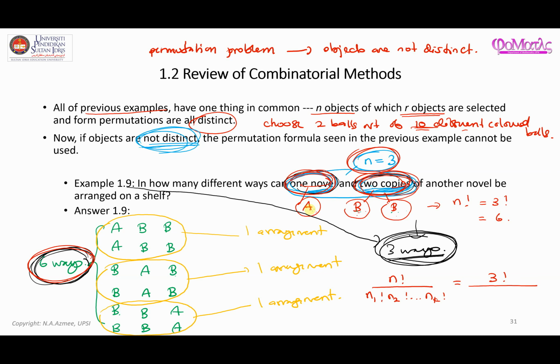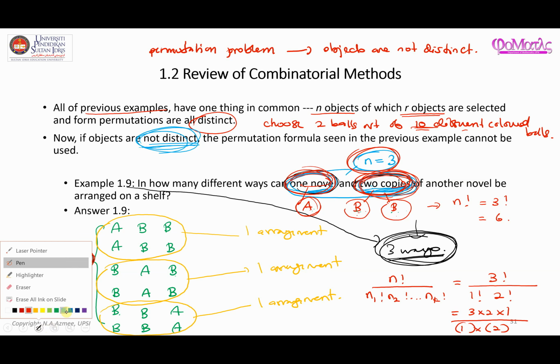So here the number of copies is 1, so 1 factorial, and the number of copies for category B is 2 factorial. So here we've got 3 times 2 times 1 over 1 times 2. Okay, 2 factorial is 2.